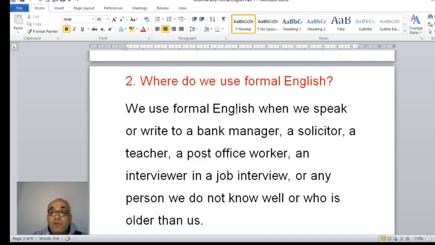Where do we use formal English? Of course, formal English, some people call it standard English or posh English or academic English. Where do we use formal English?